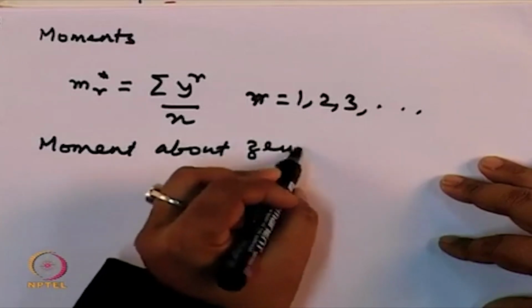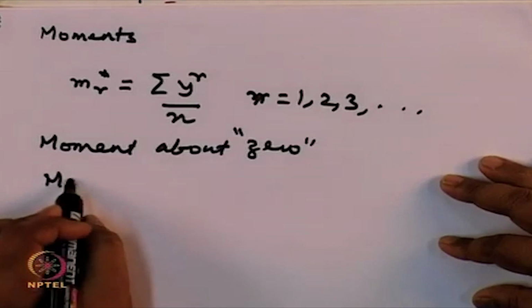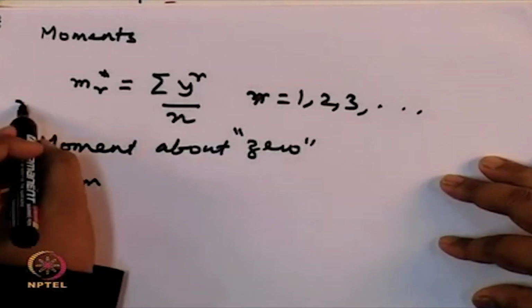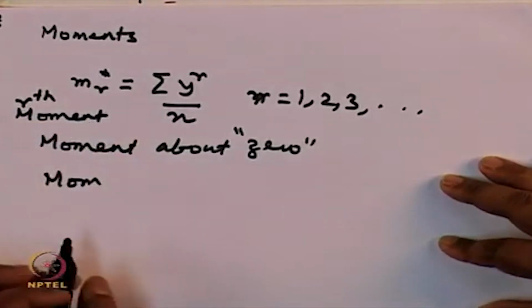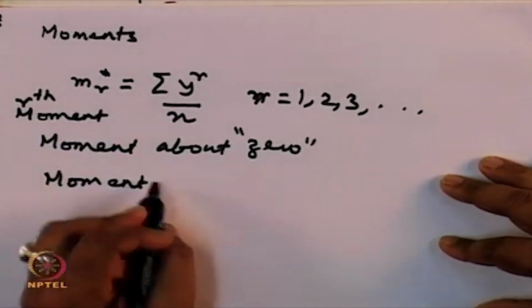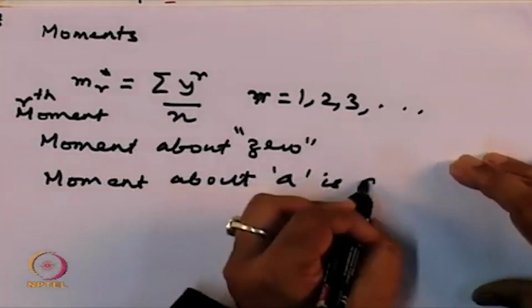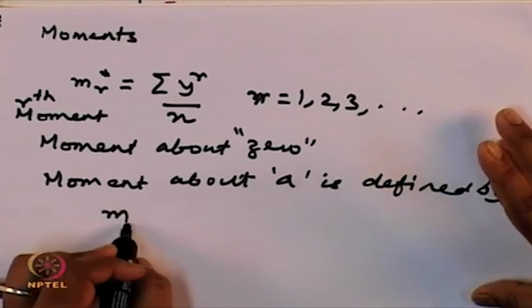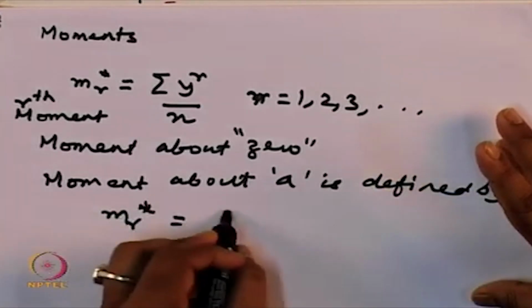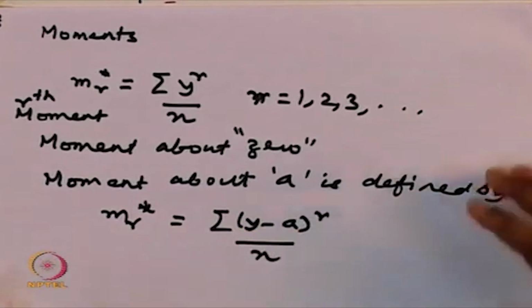This is the rth moment. In general, the moment about A is defined by mr star, which is summation y minus A whole to the power r by n.